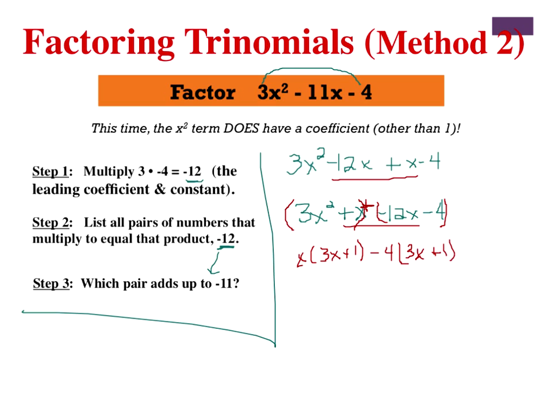Then I'm going to take out a negative 4. And in taking out a negative 4, I'm again left with 3x plus 1. And finally then, putting this together, I get x minus 4 times 3x plus 1.